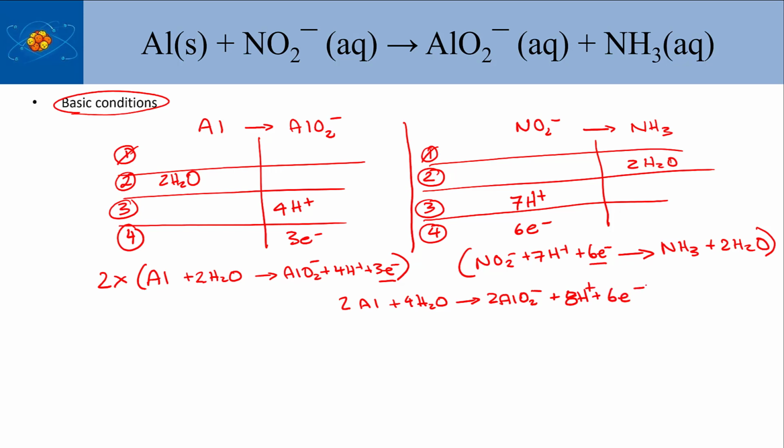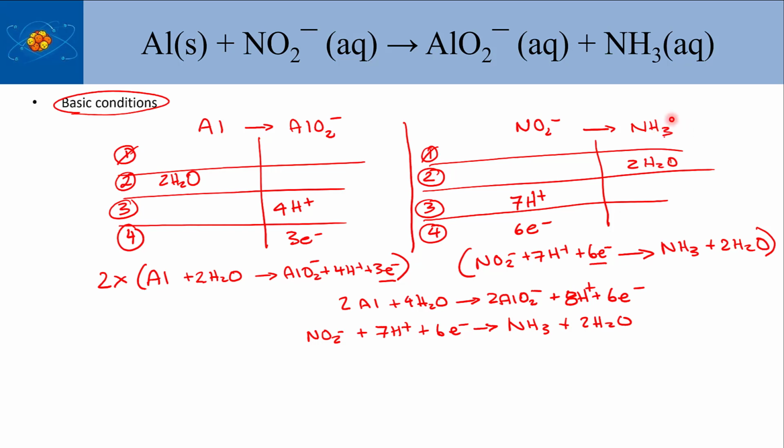And then I just write the other reaction over again. So it's NO2 minus plus 7H plus 6 electrons makes NH3 plus 2H2O. I also wanted to point out one other thing in this reaction which was different from the earlier ones.